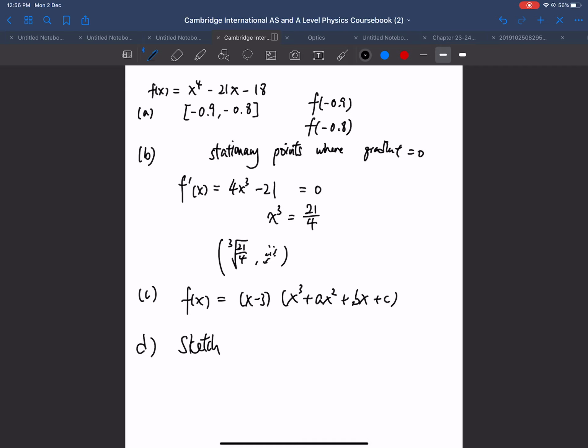Or you can just use your calculator. Did you learn this method? Now go to your calculator. Press polynomial, and then degree 4.